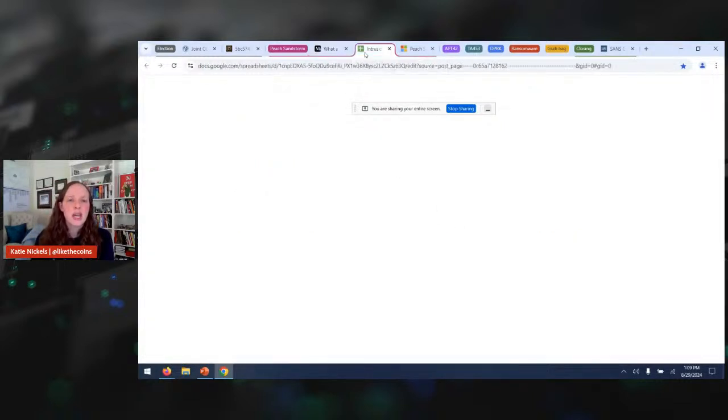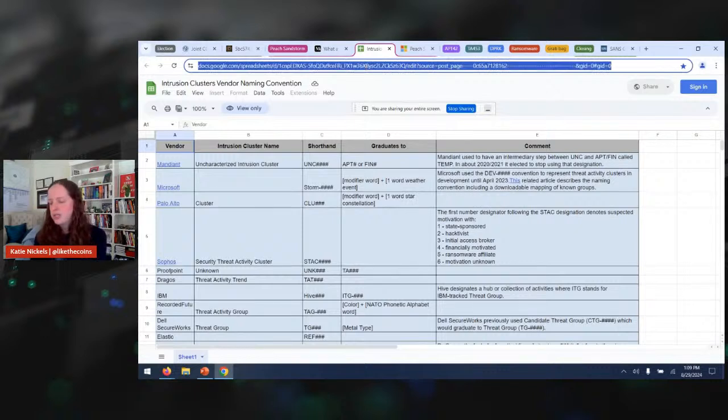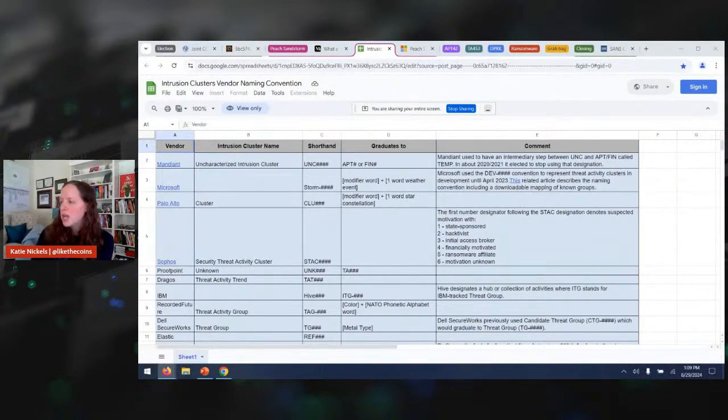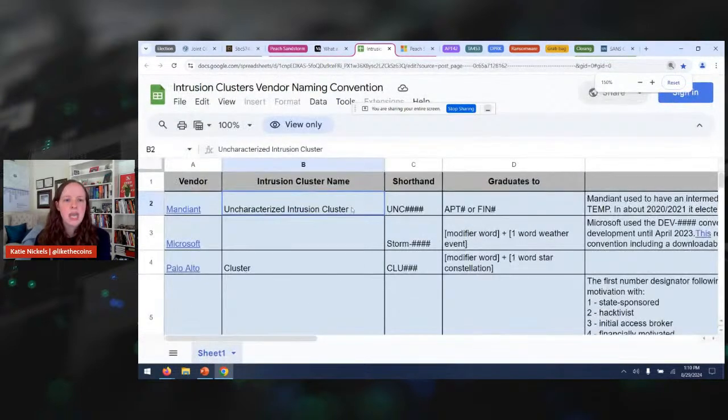One thing that John did is kind of cool, and he links it in his blog post here. He created a really nice little Google Sheet, helping you keep track of what exactly are the names that different companies use. So for example, Mandiant uses this uncharacterized, uncategorized intrusion cluster scheme.